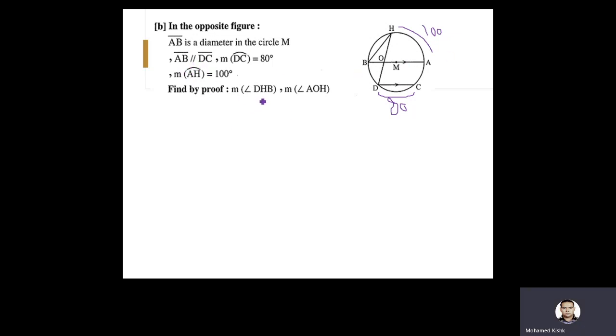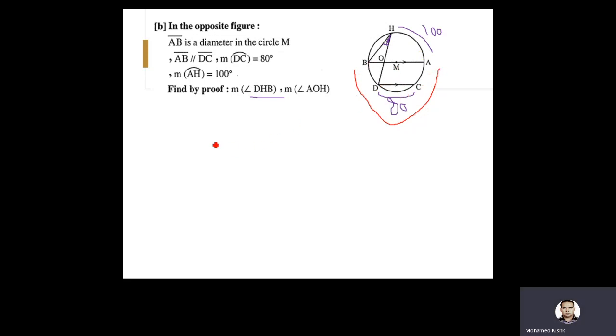He wants to ask about the measure of angle DHB, this angle. Okay. We have AB as diameter, so the measure of the arc ACB, this arc, is 180 degrees.